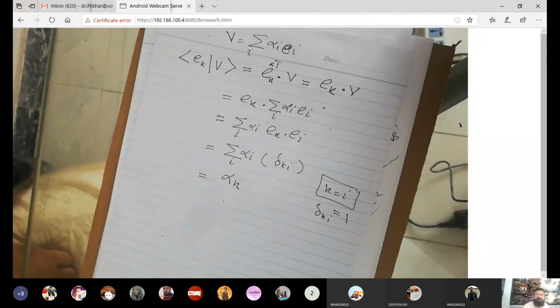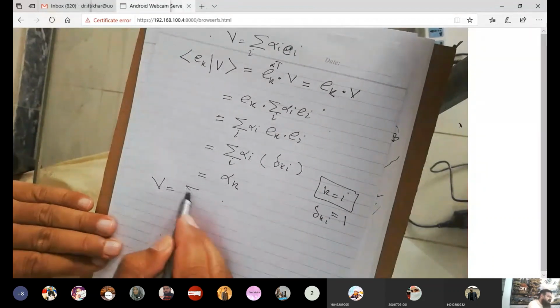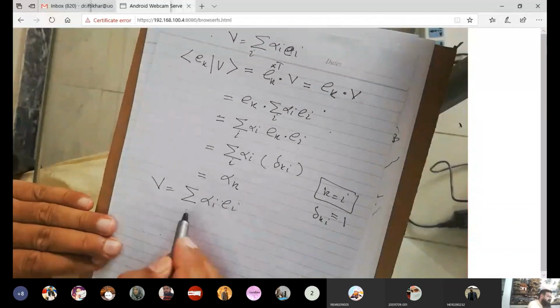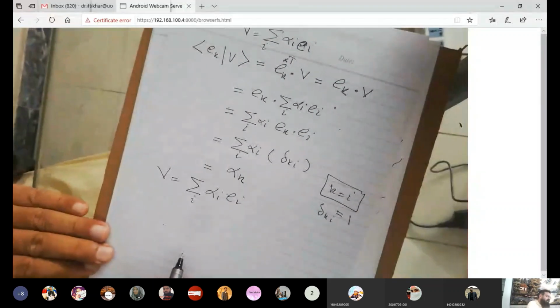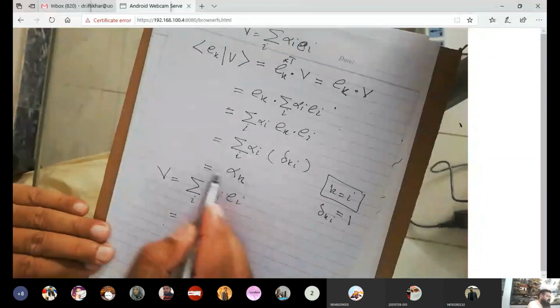You get only one element. It means that when you take the inner product of any vector e_k with vector v, you get only the coefficient of v_k. So how can we get the value of v? If v is equal to alpha i e_i, you put the value of alpha.